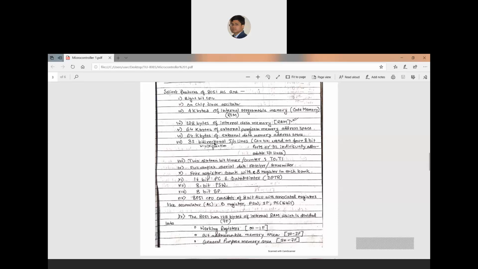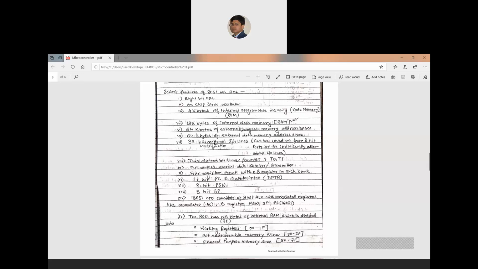We have seen that the ROM, the internal read only memory, is used for storing program code, so this is referred to as code memory, whereas the internal random access memory is used for storing data, so this memory segment is referred to as data memory.